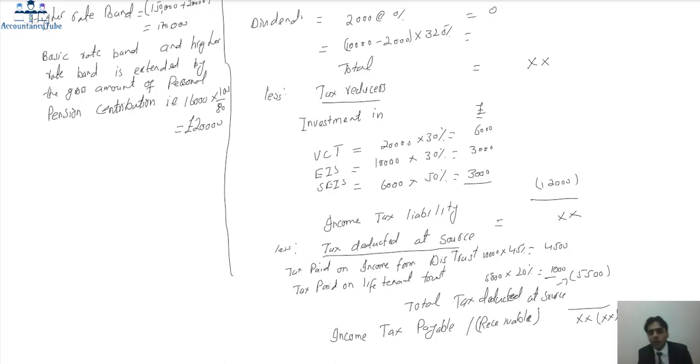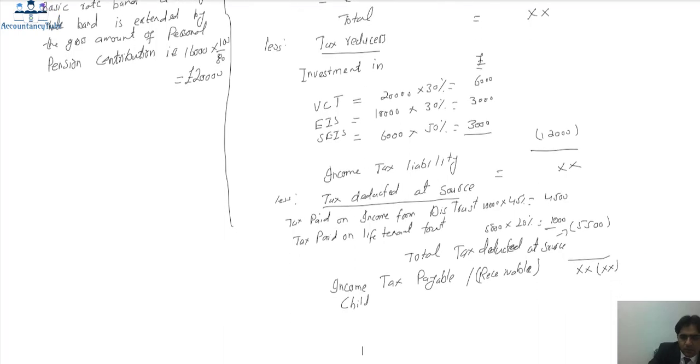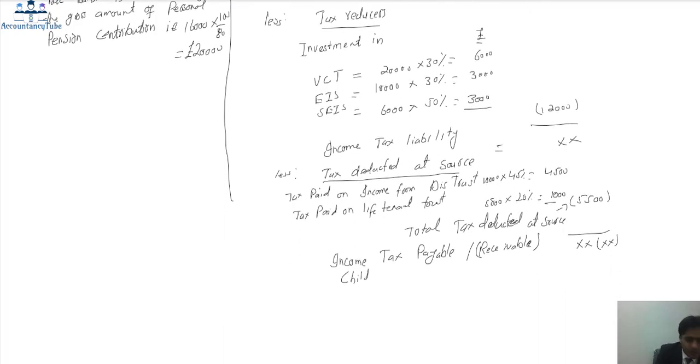Please remember, before going to pay this amount to HM Revenue and Customs, we also have to include what? The child benefit income tax charge. That was working number 3, I think.